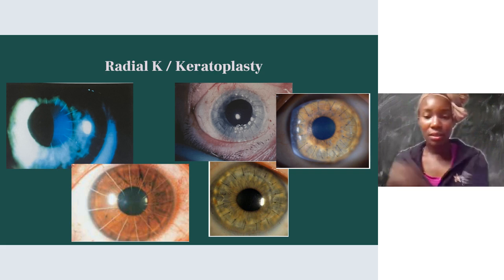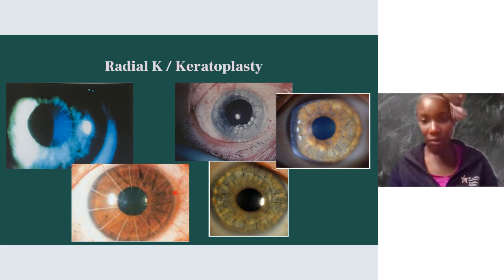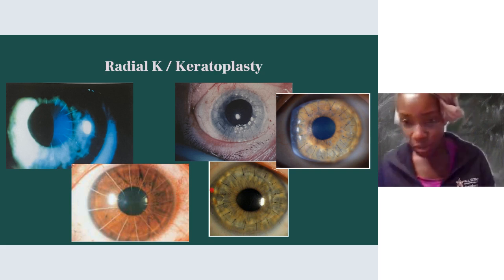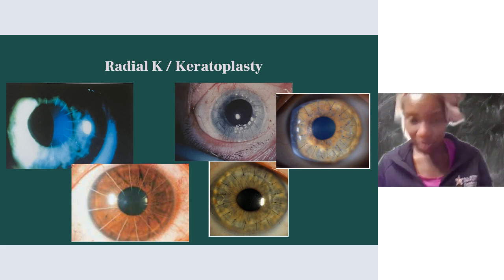And on the right-hand side over here, these are keratoplasty. What is keratoplasty? Corneal transplant. Yes, corneal transplant. Great job. Generally in the pictures, you'll see either a Z pattern or some form of stitches. In this one you don't see the Z anymore, but you'll see the stitches.